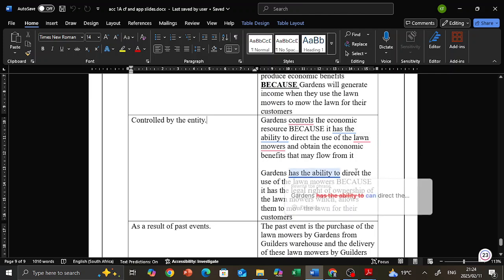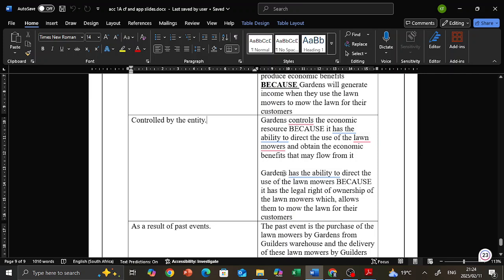Gardens controls the economic resource because, keyword, it has the ability to direct the use of the lawnmowers and obtain the economic benefits that may flow from it. First we state that they have the ability.